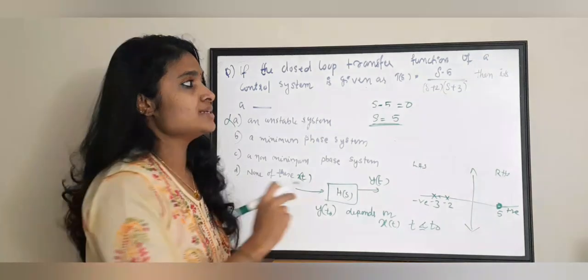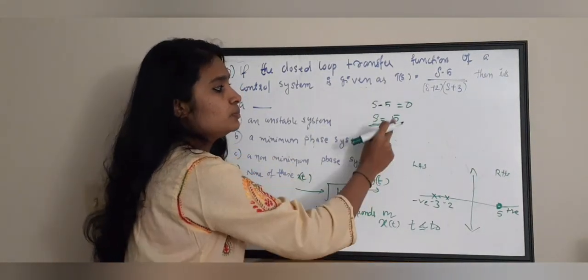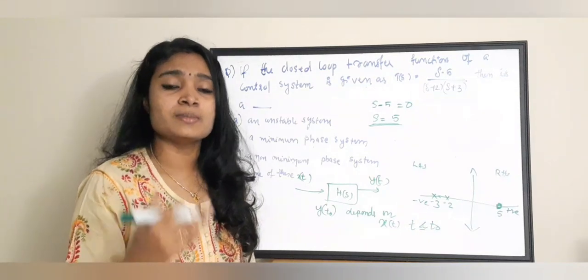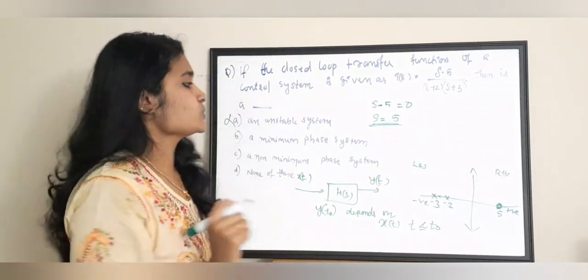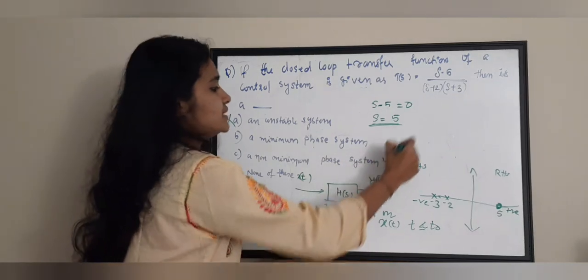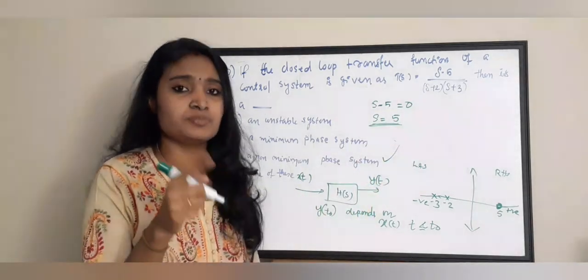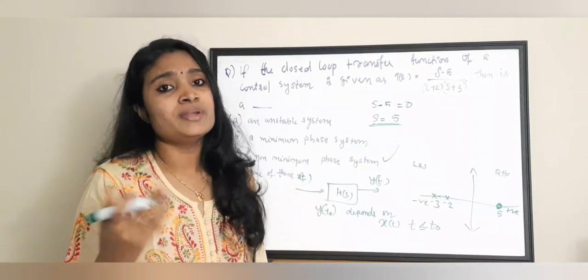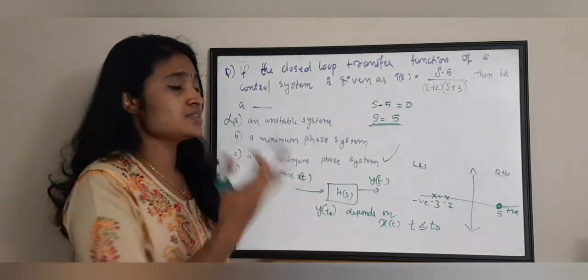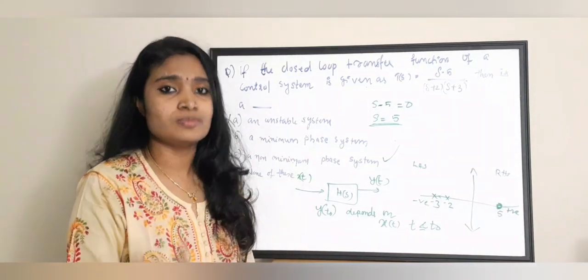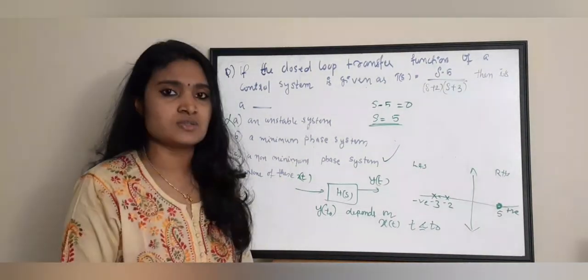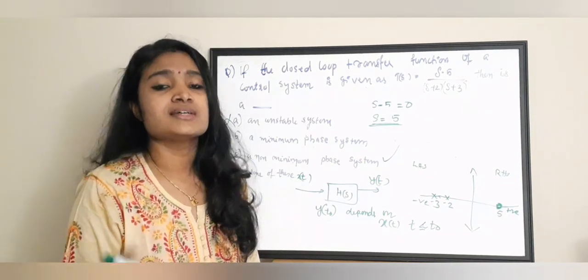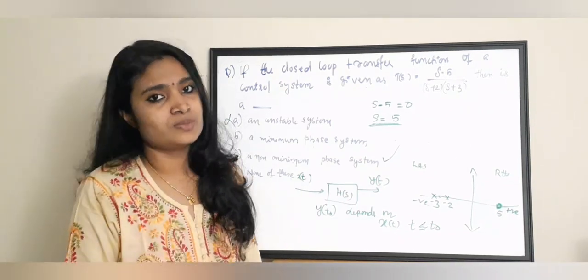For this question, since we have a positive zero, the system has non-minimum phase, and the correct answer is option C. Since the zero value is positive, it has a non-minimum phase. This is how you check whether the system has minimum phase or non-minimum phase, by observing the zero values. And you get the zero values by equating your numerator with 0, or finding the roots of your numerator.